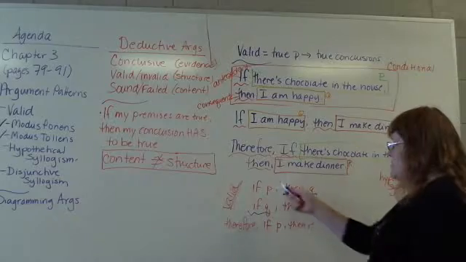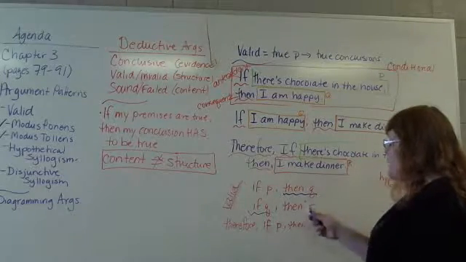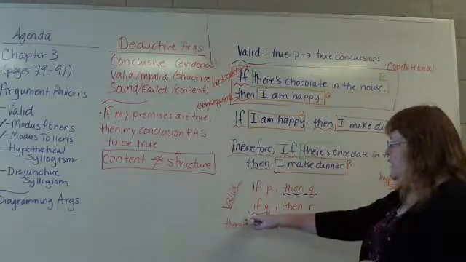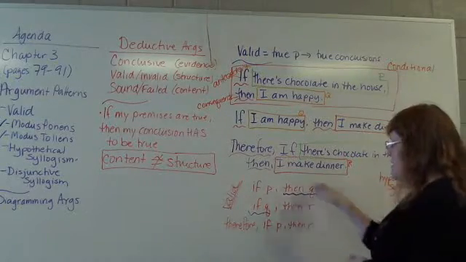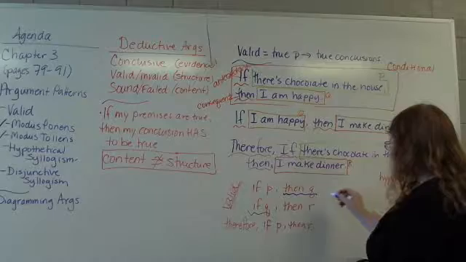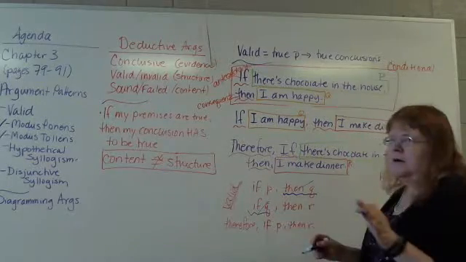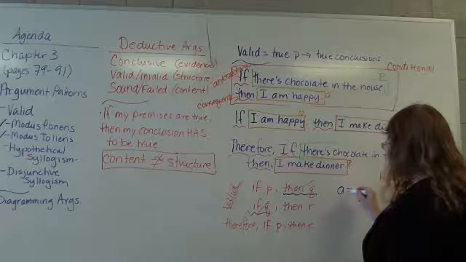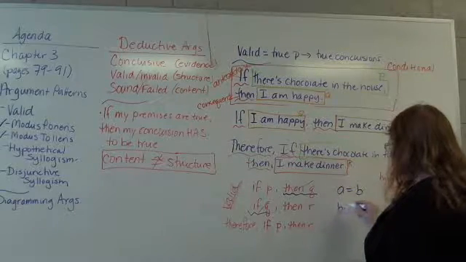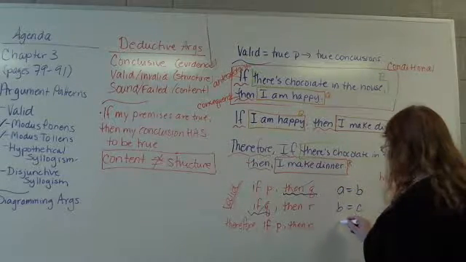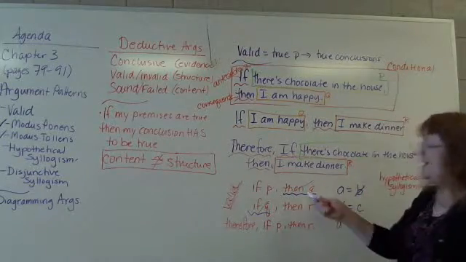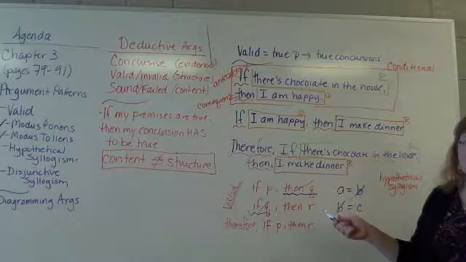Now you can switch your P's and R's and all that as long as you end up with a Q on one side and a Q on the other as far as the center part goes. You end up being able to cross them out. Briefly go back to algebra class. Remember this, if A equals B and B equals C, then A equals C, because you can cross those out and you get the same idea. That's kind of how this works as well.